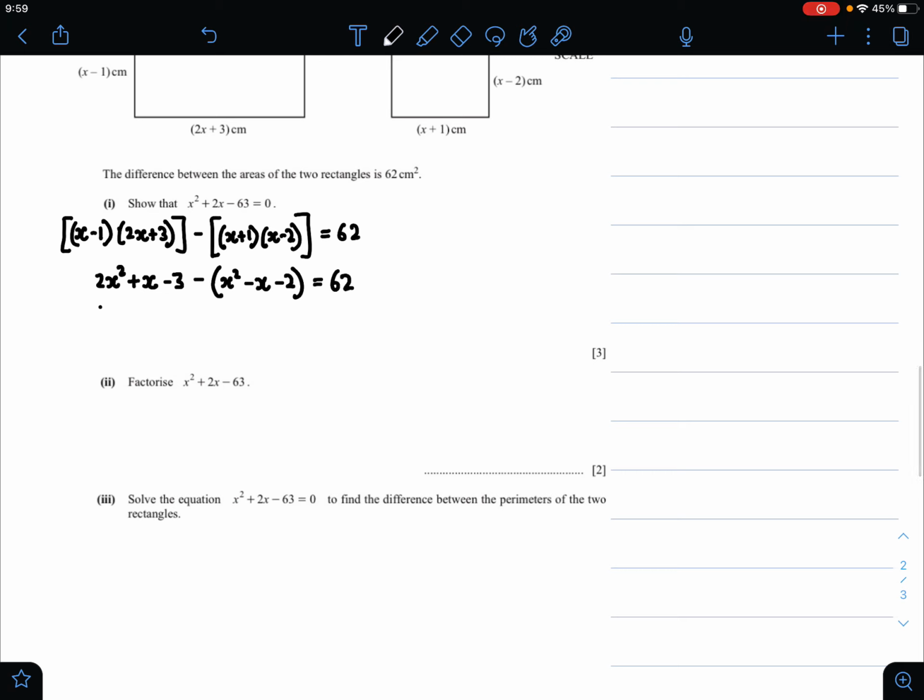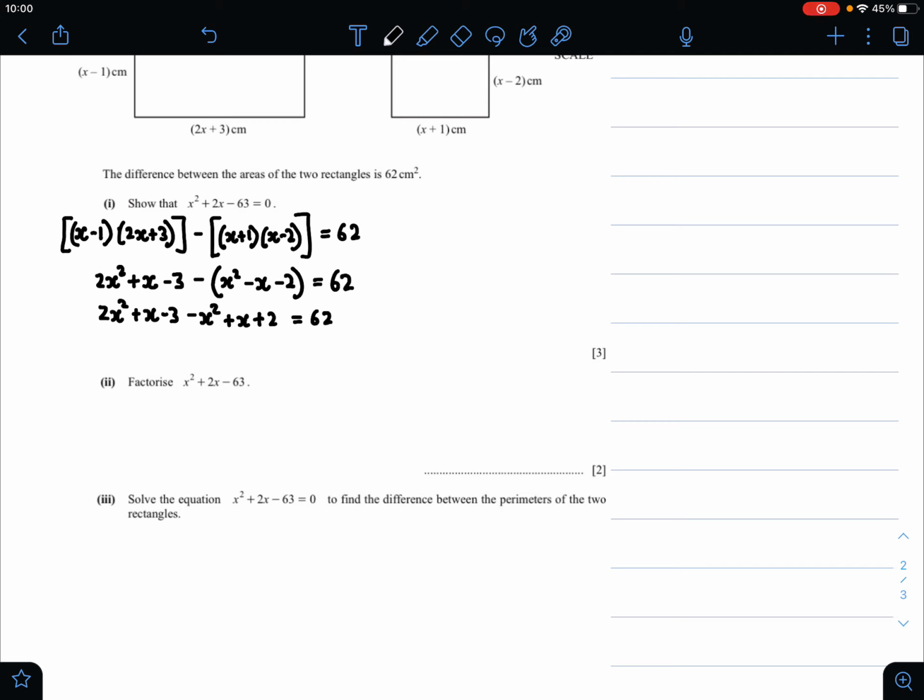Now 2x square plus x minus 3. Now we have to multiply this entire bracket by minus 1, so minus x square plus x plus 2 is equal to 62. Therefore we can simplify this now.